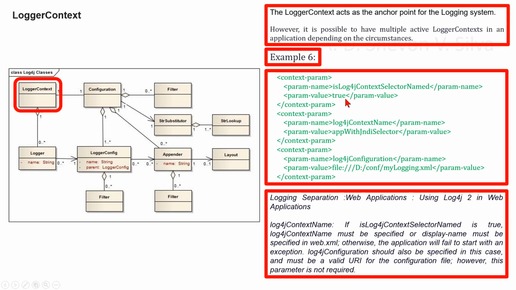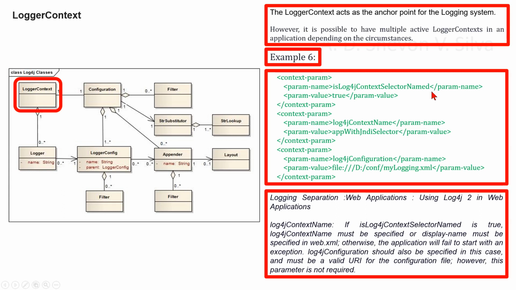If here the isLog4jContextSelectorNamed is not true, the log4jConfiguration may optionally be specified and must be a valid URL or path to a configuration file or start with classpath: to denote a configuration file that can be found on the classpath.